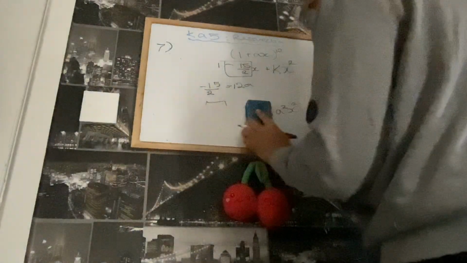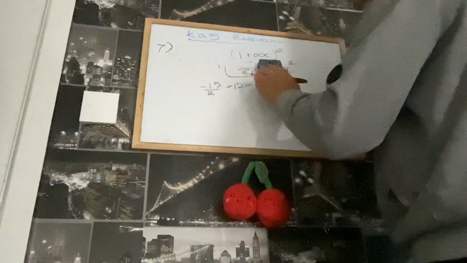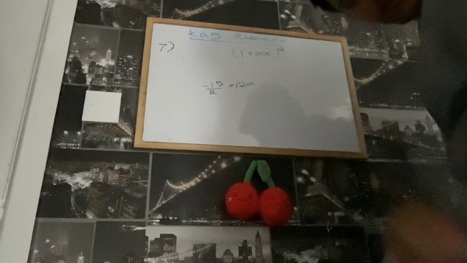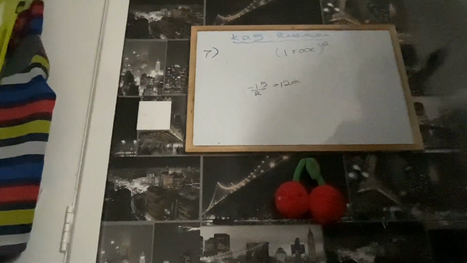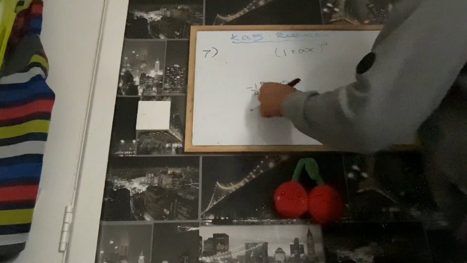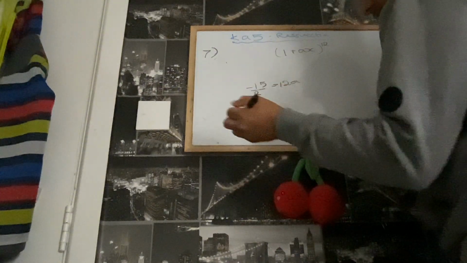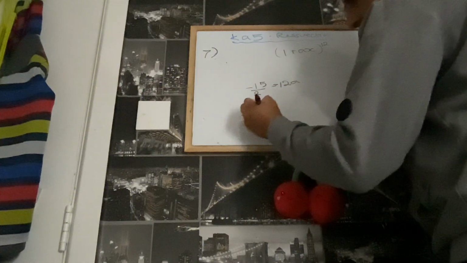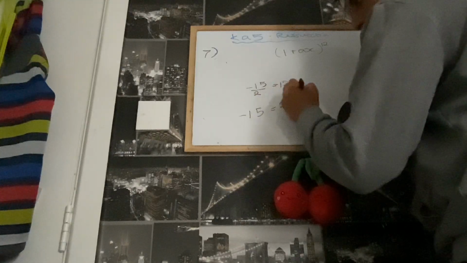I'm just going to rub out the rest because we're only trying to find out what a is. Let's double check that's right. Yes, it is. Times 2 on each side, giving us minus 15 equals 24a.